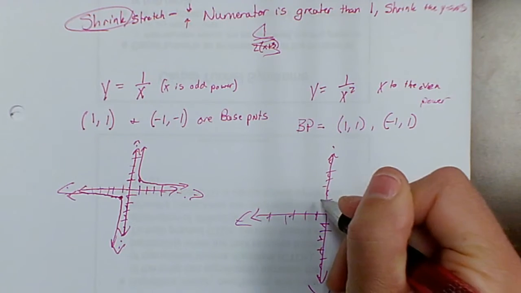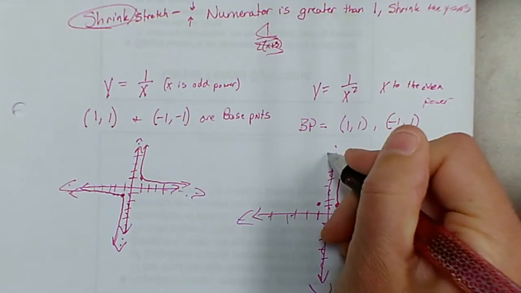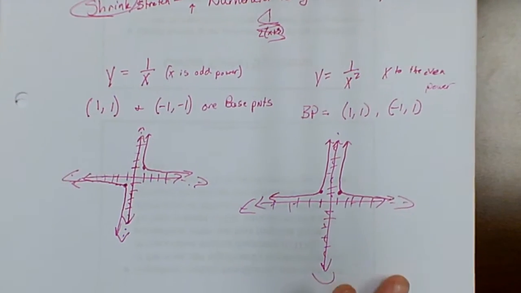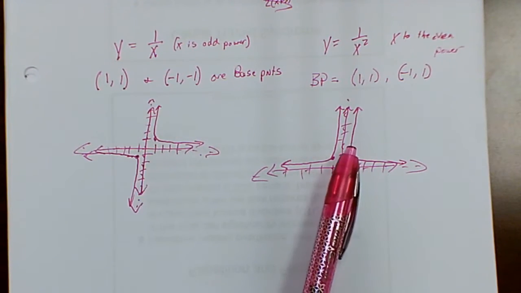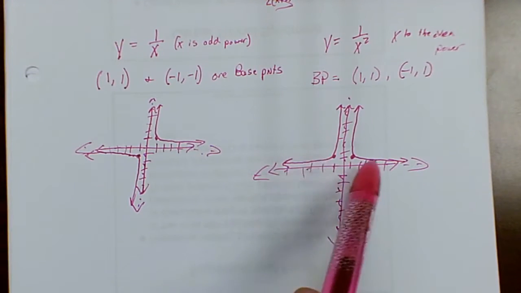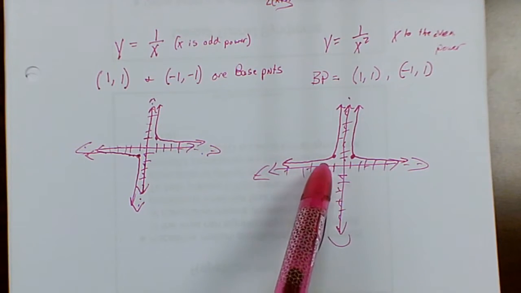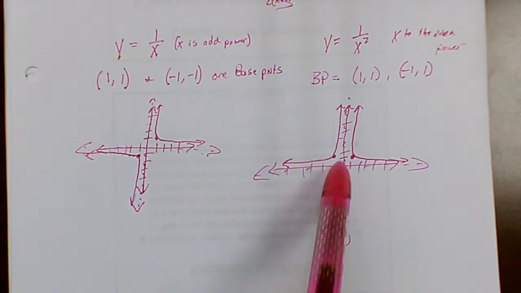So here's 1, 1, here's -1, 1, and it will kind of look like that. Okay. So this is x to the odd power, x to the even power. The reason why, for x to the even power, they're on the same side of the x-axis is because if you square any of these negative values, you get a positive value here.